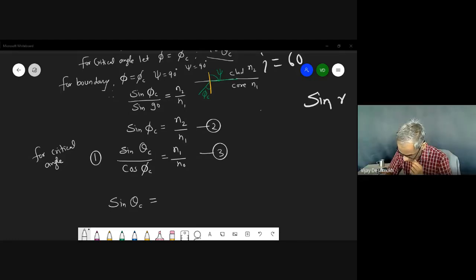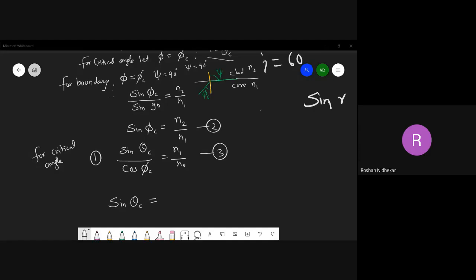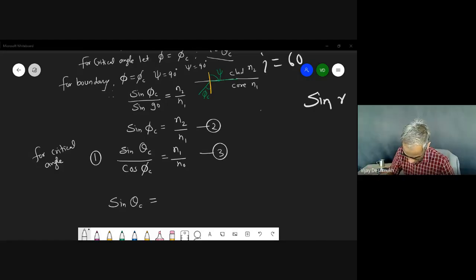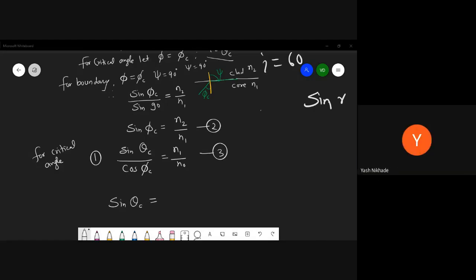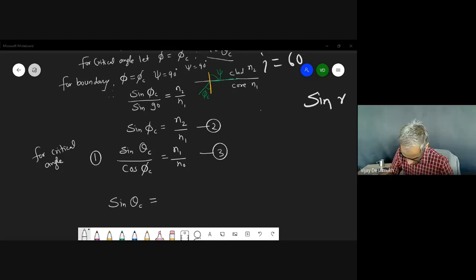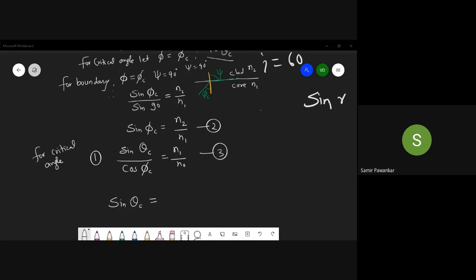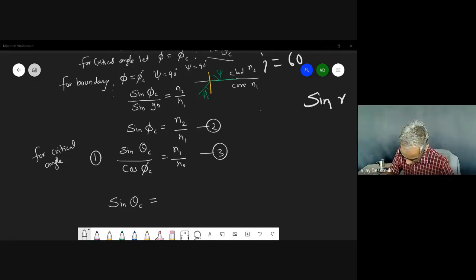20 Ajay Nane. 21 Roshan Nidekar. Present, sir. 22 Yash Nikhare. Present, sir. 23 Samir Pavankar. Present, sir. 24 Aryan Pimpalkar.